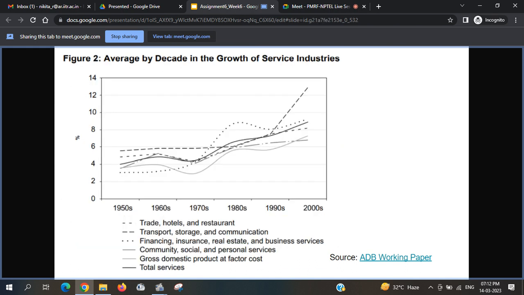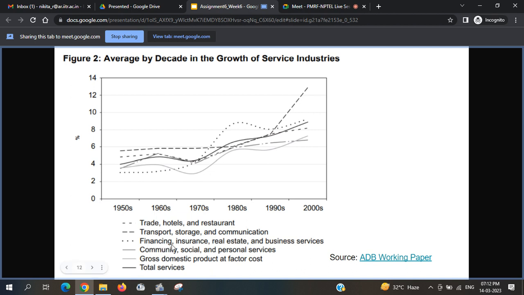You can also see the average by decade of different services in the service sector. You can see the growth of trade, hotels and restaurants, how it has been going on, and you can see transport, storage and communication has experienced the largest growth after the 1990s policy reform.